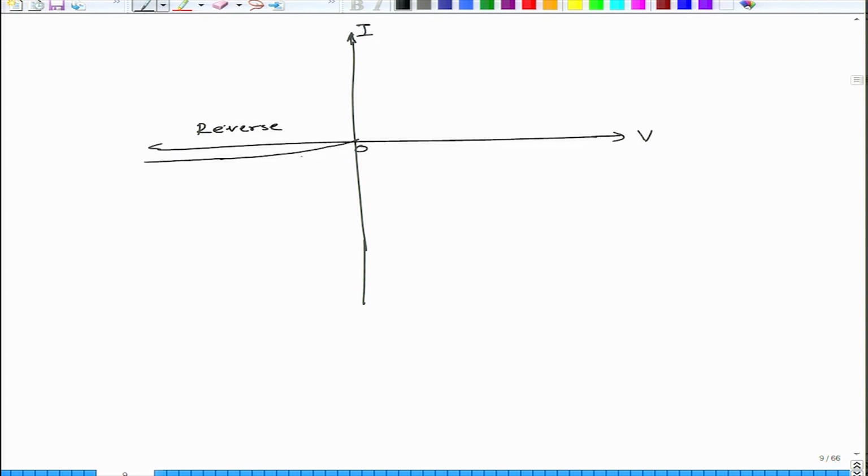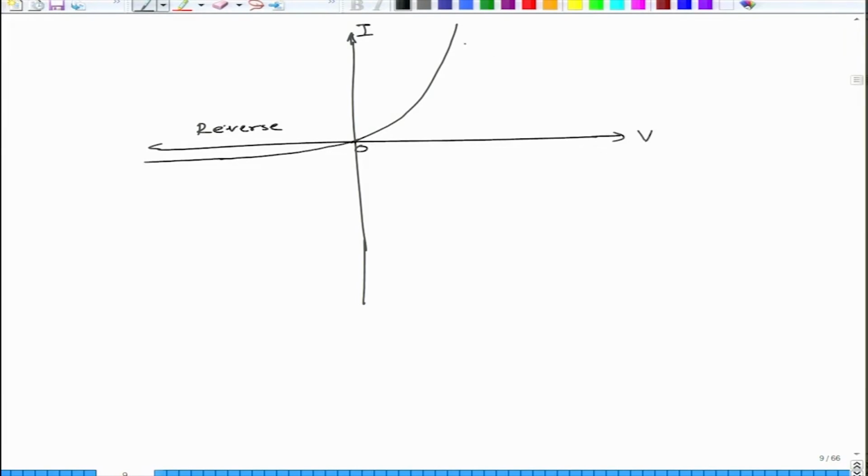In the forward bias, a large current flows through the junction, with electrons pushing across from N to P side and holes pushing across from P to N side. This is the forward current.